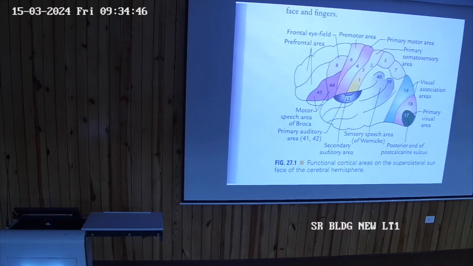The same thing, when we listen to a sound, we can appreciate that this is the sound of that. All these things are done by area number 22. 41 and 42 are mainly responsible for hearing, and a lesion of one side is not complete loss of hearing, only partial loss of hearing.